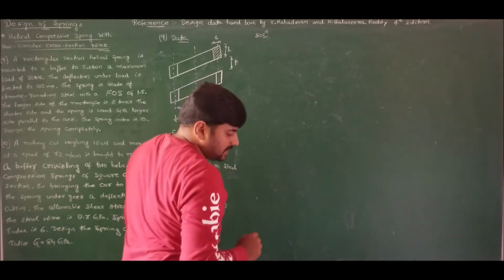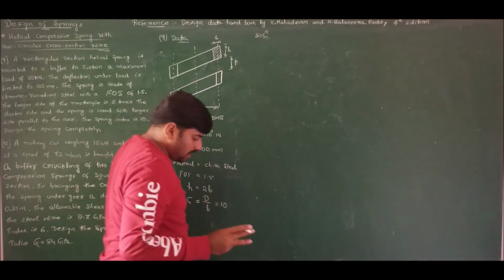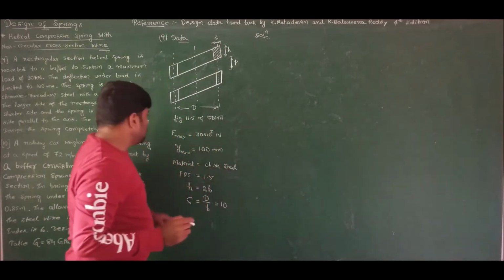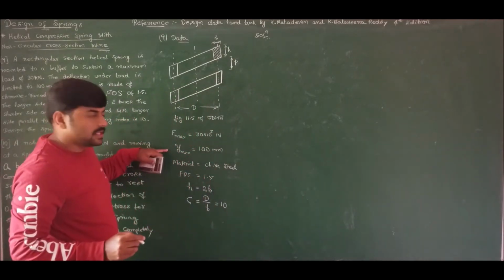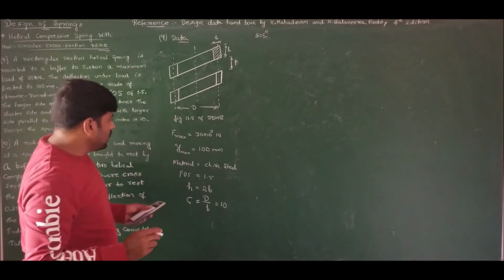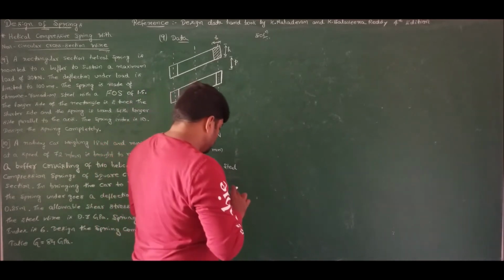Coming to prerequisites, we should know the allowable shear stress, modulus of rigidity, density, and maximum force and maximum deflection. Since he has specified maximum force and maximum deflection, let me go for allowable shear stress.